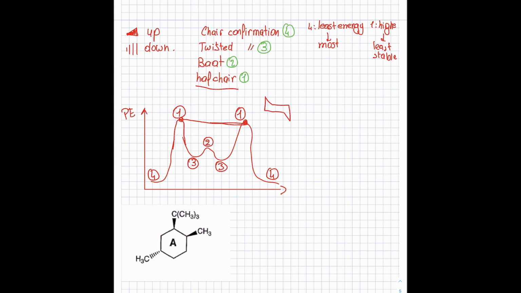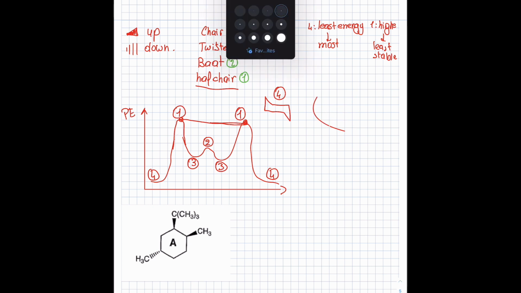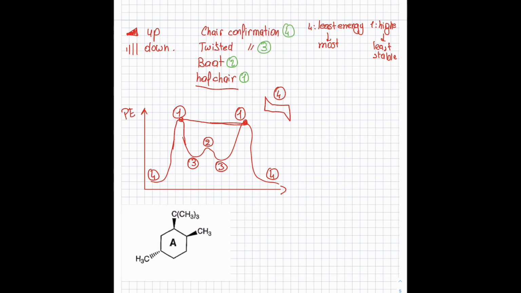The twisted is, it's hard to draw it, but that's number 4. Number 3 is gonna look something like this. It's gonna look something like this. And then you have the boat.